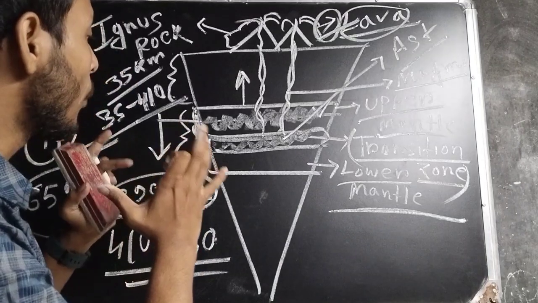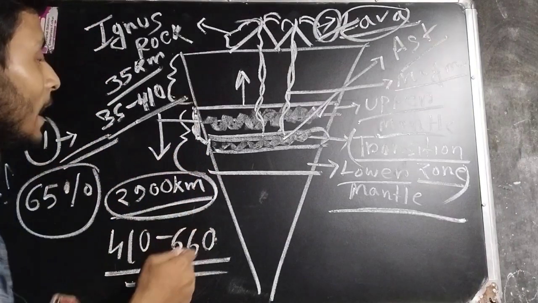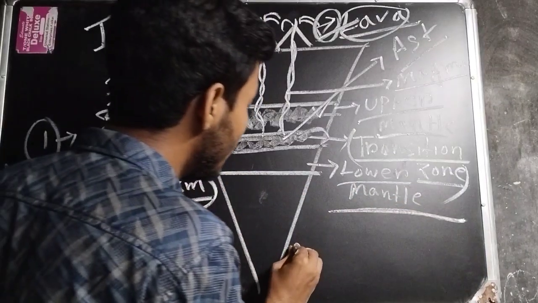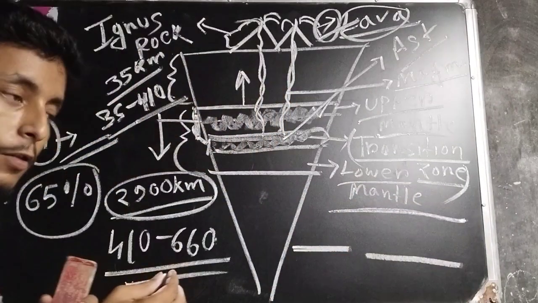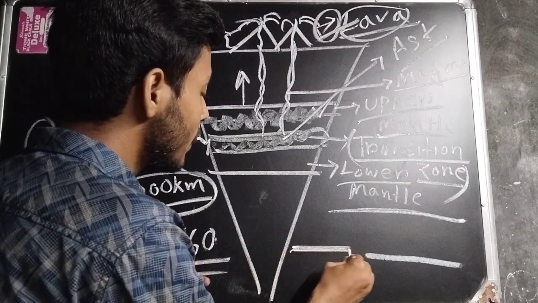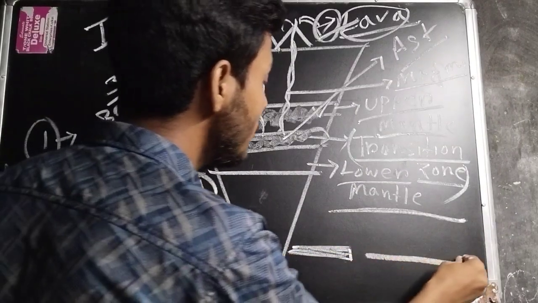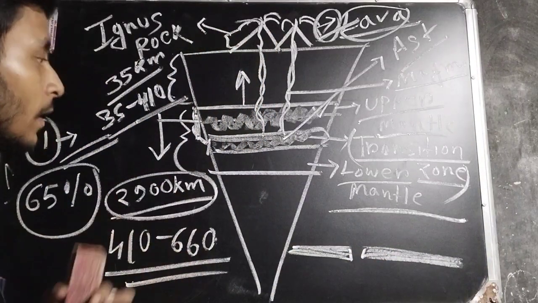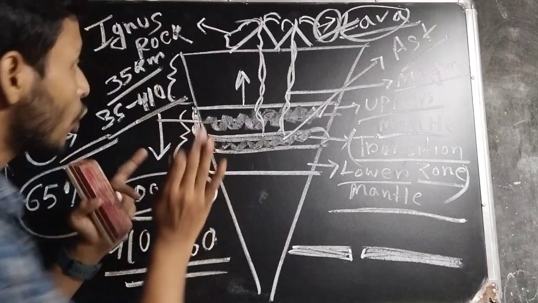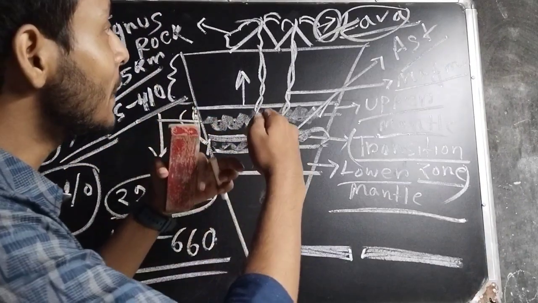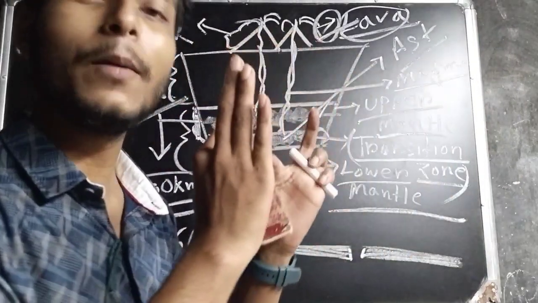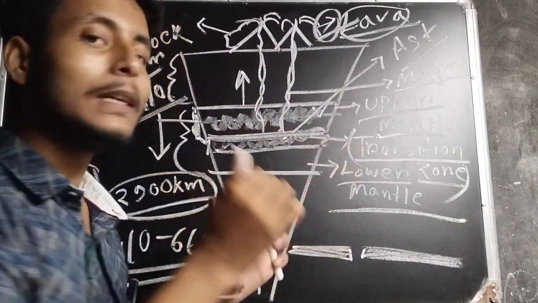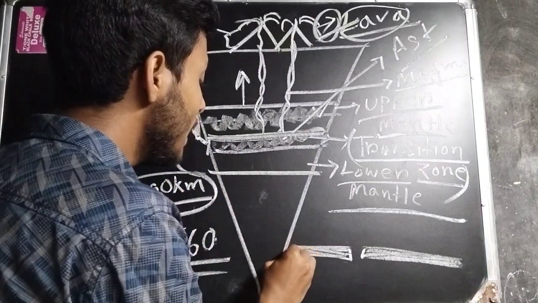When we go to the advanced portion, we know about many plates. One of the reasons the Himalaya mountains formed is the movement of the plates. In the asthenosphere, from where magma gets out as lava in volcanic eruptions, many plates are moving.